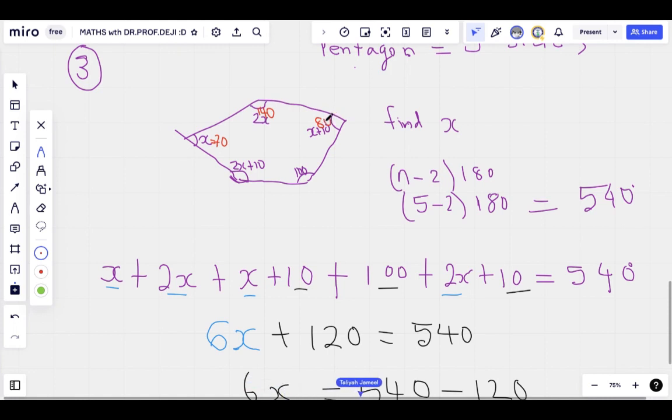Here is already 100. Here is 2x plus 10: 2x is 140 plus 10, so this angle will be 150 degrees. That's why it's an irregular pentagon. It's irregular, meaning all the interior angles are not equal. So that's why we're looking for them.